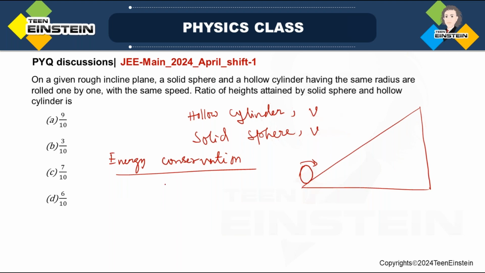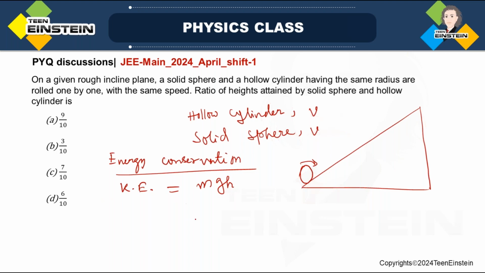According to energy conservation, we have to see the total kinetic energy will be exactly equal to the mgh, the potential energy. Okay, so this is the maximum height one object can attain.